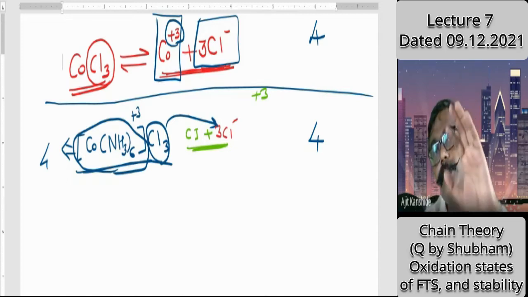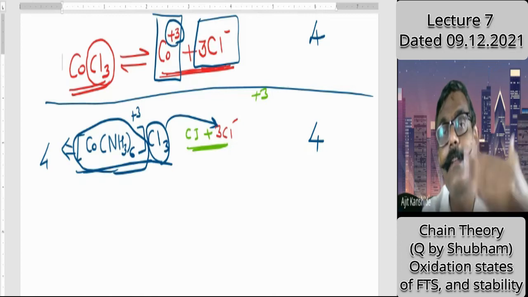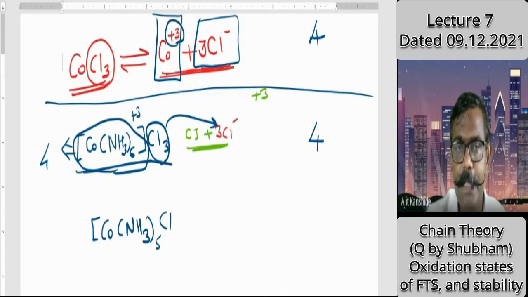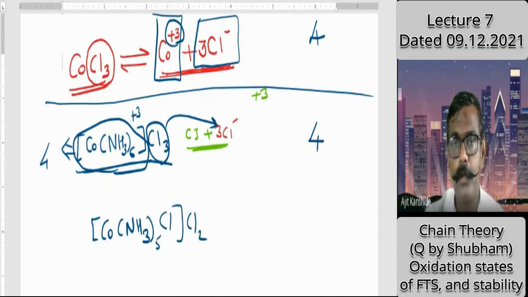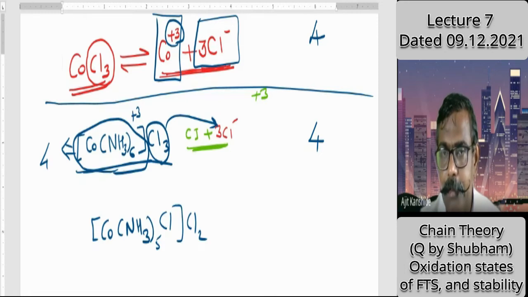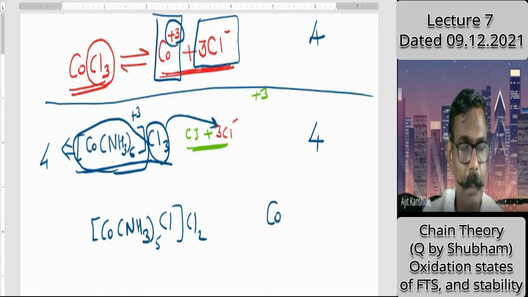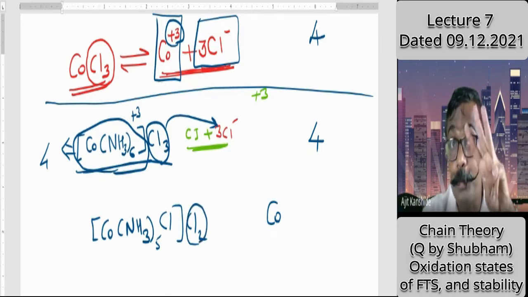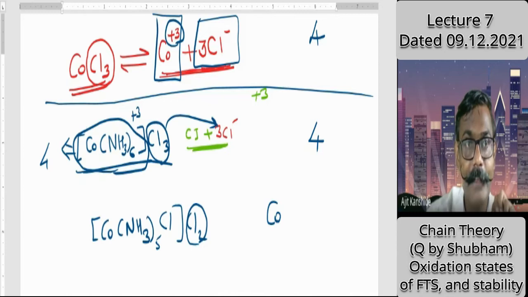Let us ask the chain theory to describe a further molecule, say Co(NH3)5Cl Cl2. Then what did chain theory do? Chain theory said cobalt metal ion is there, cobalt +3, but they were able to find only 2 Cl- outside, out of 3. So they said that one Cl is not ionized.